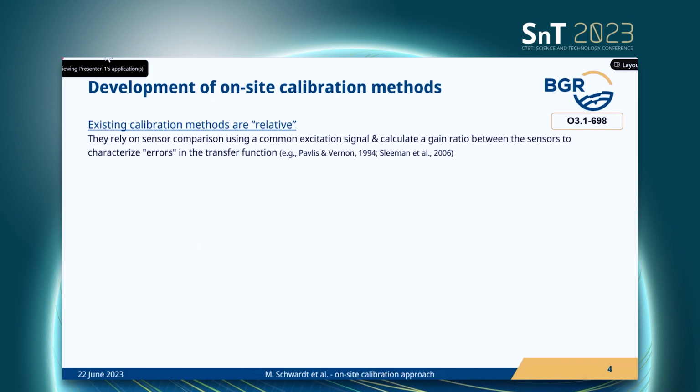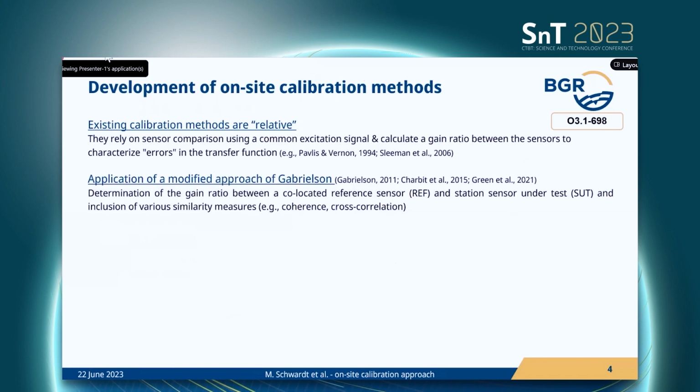Luckily, from the infrasound perspective, there are already methods developed, and we try to use them for the seismic sensors as well. We already have a lot of calibration methods for seismic sensors, but most of them are just relative and not traceable to SI. So we took the approach from infrasound, the Gabrielson method, as we call it, and applied it to our seismic sensors.